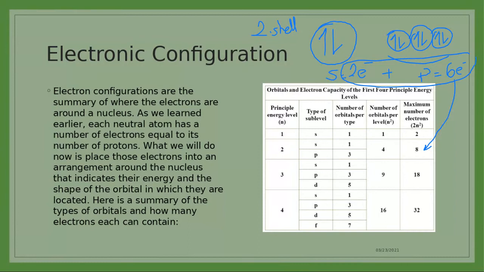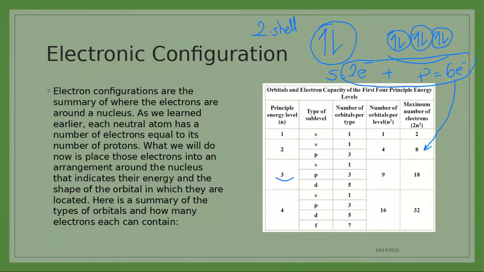And the other one is the third principal energy level. For the type of sub-level, the third shell has only 3 types of orbitals. What are they? These are s, p, and d.